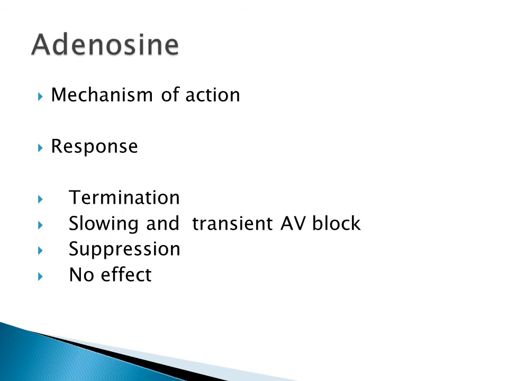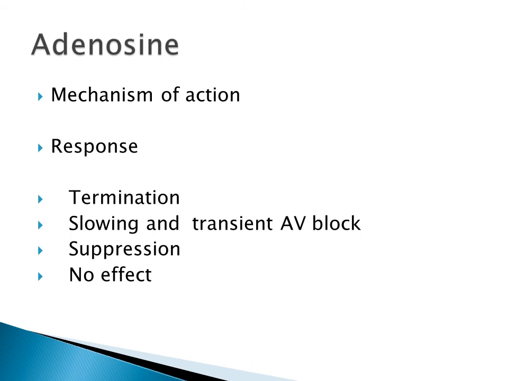The main mechanism of action is acting on adenosine receptors. It causes hyperpolarization of the cell by activation of inward potassium current, and at the same time it inhibits the calcium current. So the basic mechanism is hyperpolarization of the cell, and plasma half-life is a few seconds, and it's eliminated from the circulation by the enzyme adenosine deaminase.